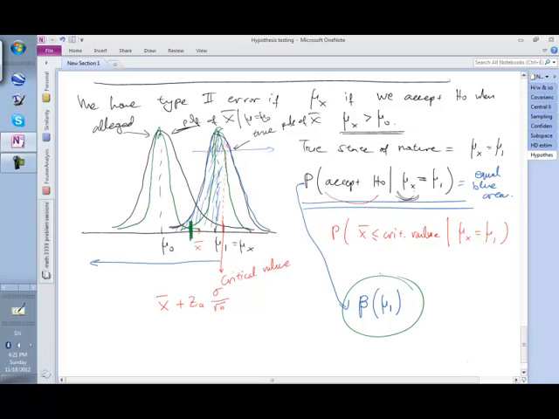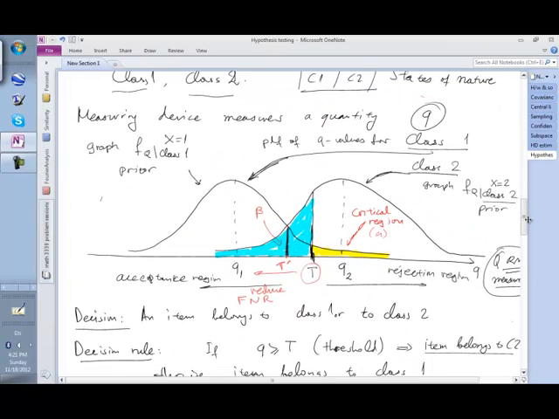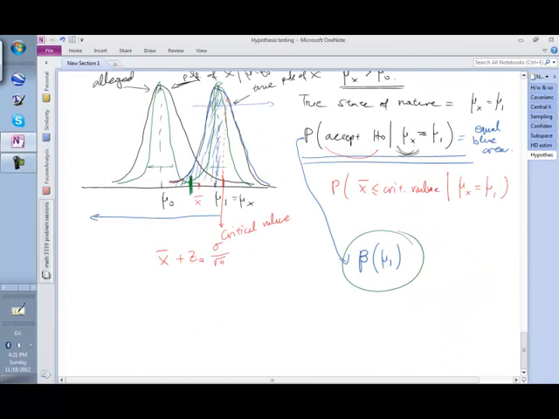It would have reduced the value of beta. How can I make the curves tighter? How can I make this nice situation, which was the situation that I had here when I first spoke about discriminability? I can do that by increasing the sample size.